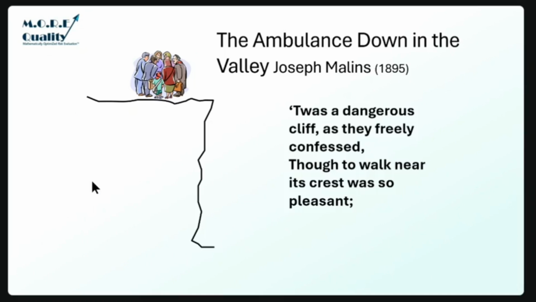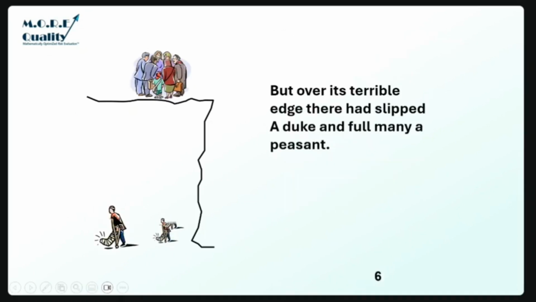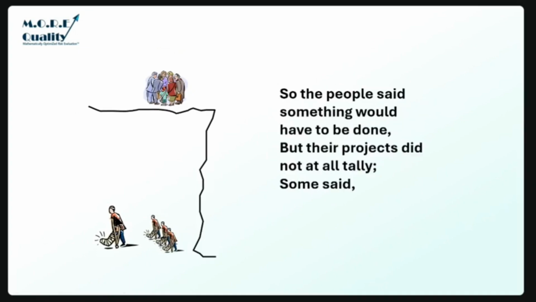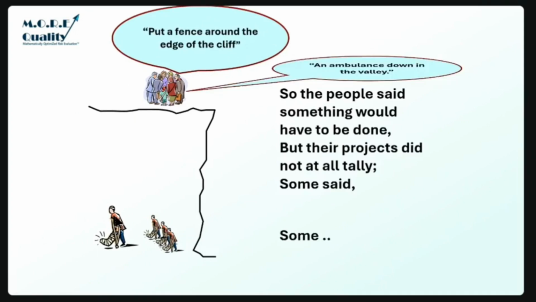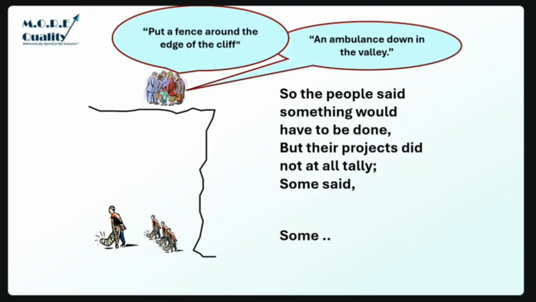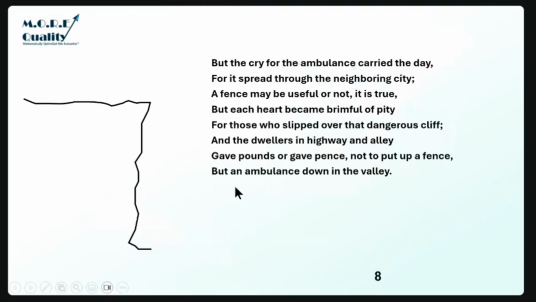'Twas a dangerous cliff, as they freely confessed, though to walk near its crest was so pleasant. But over its terrible edge there had slipped a duke and full many a peasant. So the people said something would have to be done, but their answers did not at all tally. Some said, put a fence round the edge of the cliff, some an ambulance down in the valley.